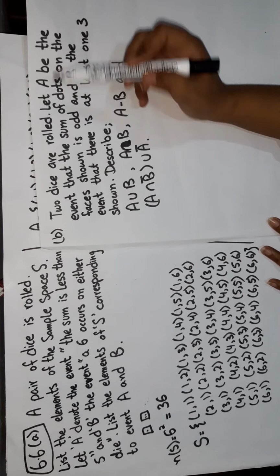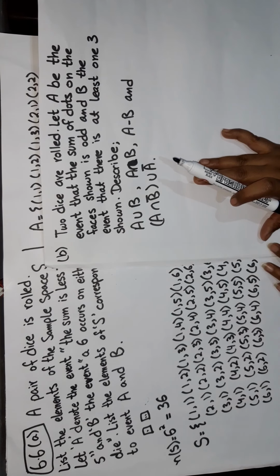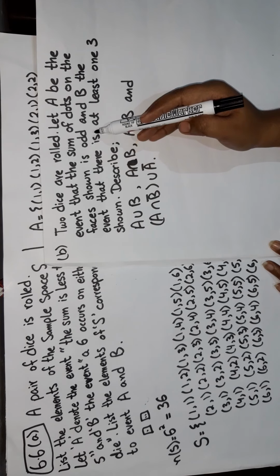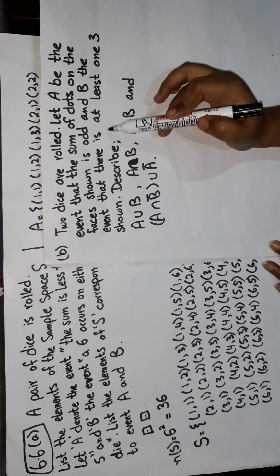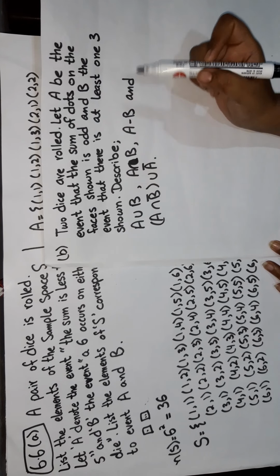Let A be the event that the sum of dots on the faces shown is odd, and B represents the event that there is at least one 3 shown. Okay?